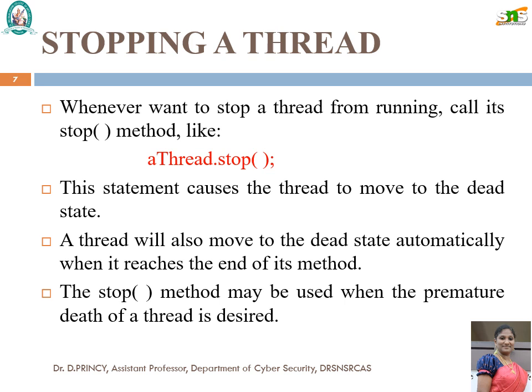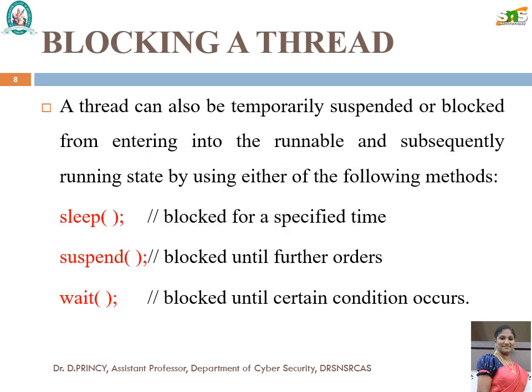This statement causes the thread to move to the dead state. After that, there is no life for the thread. The thread will also move to the dead state automatically when it reaches the end of its run method. In between, if you explicitly want to move it to the dead state, we can use the stop method. It is used when the premature death of a thread is desired.